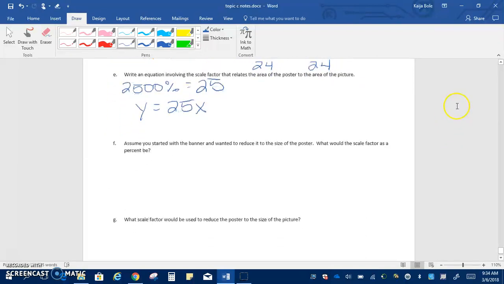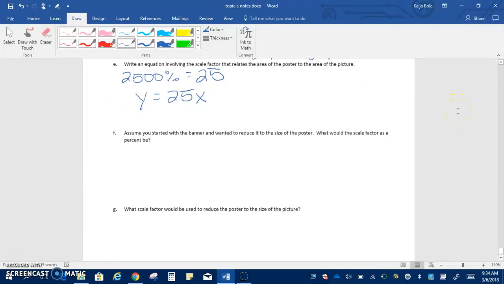F says, assume you started with the banner and wanted to reduce it to the size of the poster. What would the scale factor as a percent be? So we're going from the banner, so that means this is the original, and the poster is our scale. Alright, so we are going to check both dimensions just to make sure.